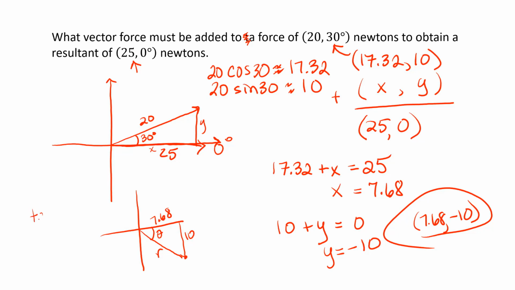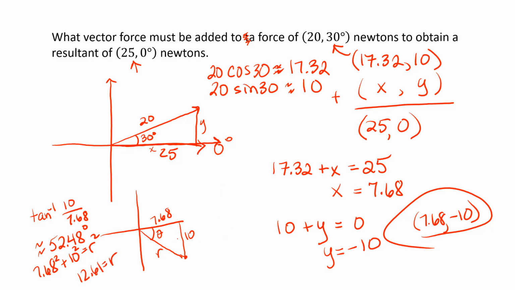So inverse tangent of 10 over 7.68 is going to be about 52.48°. And r, we would find r by using the Pythagorean theorem. 7.68 squared plus 10 squared is r squared, and if you punch that into the calculator and take the square root, you are going to get 12.61.